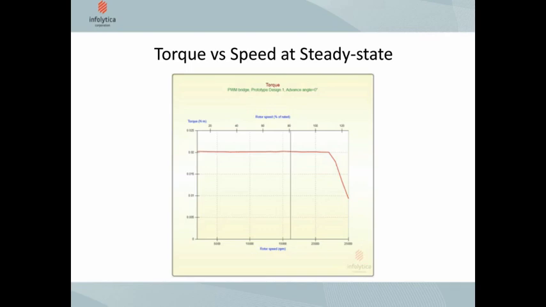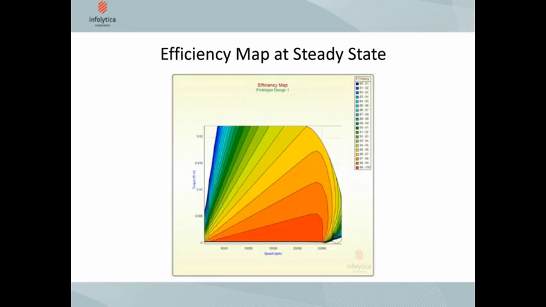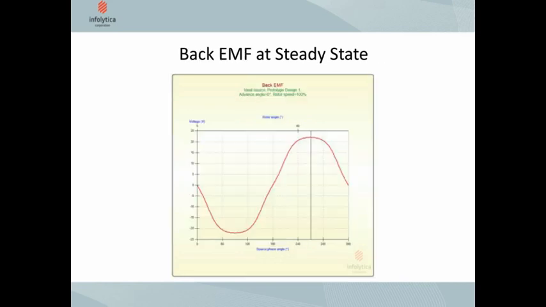We can look at our efficiency map and get a feel for how and what efficiency we would have under every operating condition to maintain and get that 20 millinewton meters at each speed. We can also look at the back EMF and clarify that it is reduced, and it's about 7% low compared to the previous value at 20 degrees C.